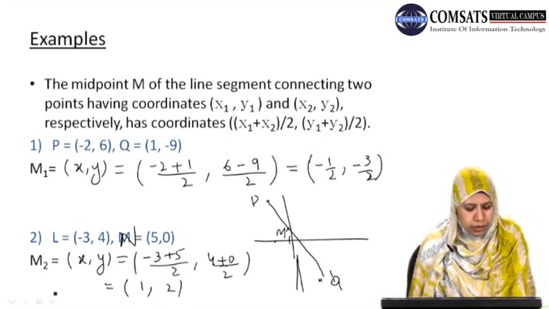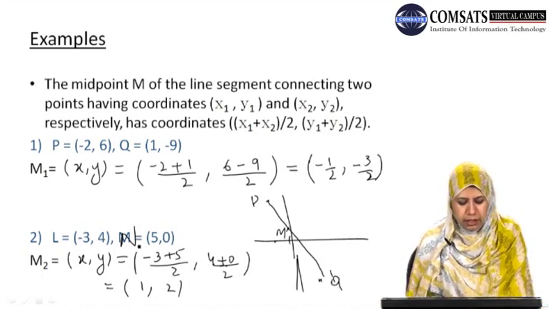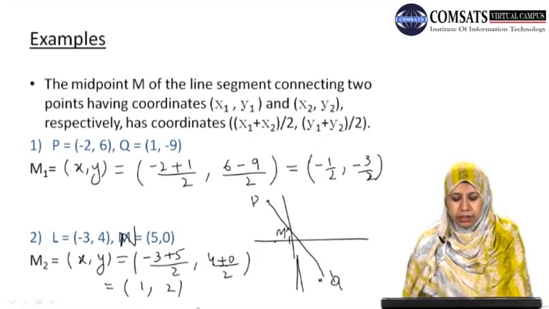So the midpoint of the line segment joining the points L and N has coordinates 1 and 2.